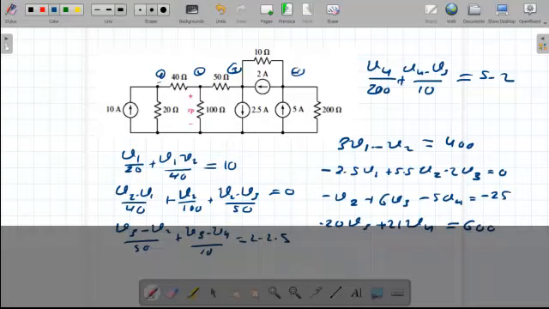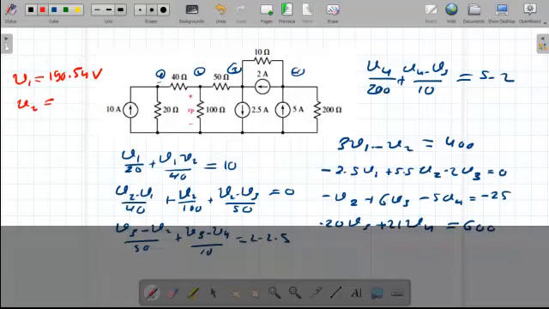Yes, minus 25. So after solving these four equations, we will get V1 will equal 190.54 volt.